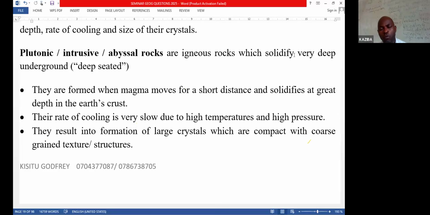They are formed as a result of cooling, solidification, and crystallization of molten rock material very deep underground. That's why they're referred to as deep-seated. So the material moves for a short distance and solidifies very deep.